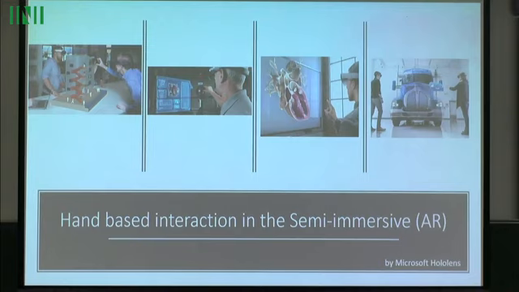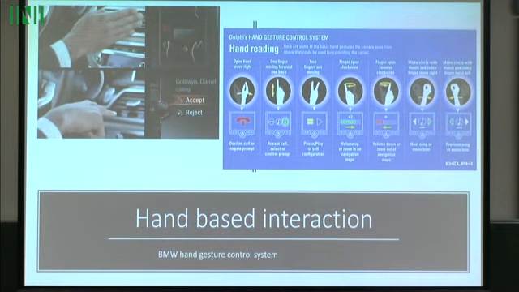So the key research challenge here is not only to understand your hand movement, but also 3D reconstruction. But what we are focusing on here is accurate hand tracking and hand joint estimation.